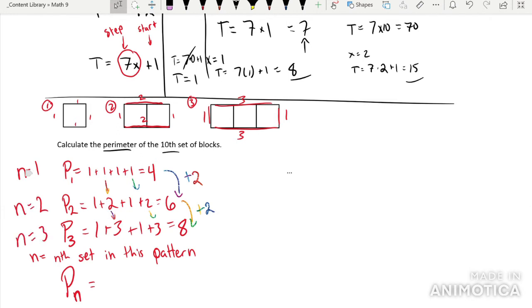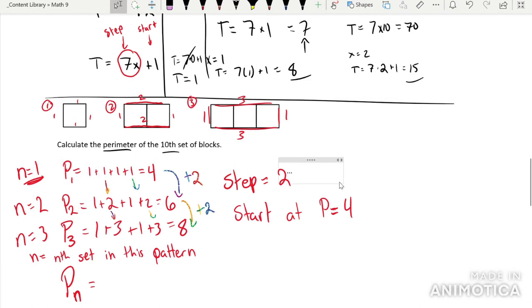Totally fine to do that. So I notice I start at 4, and I jump up by 2. So my step is equal to 2, and I start at the perimeter equals 4. Because I'm starting at n equals 1, I'm already 1 step in.